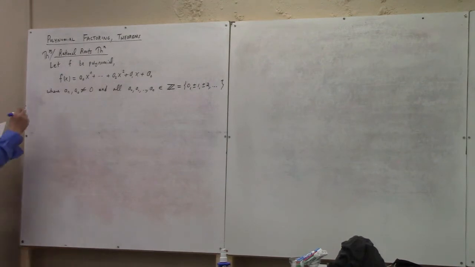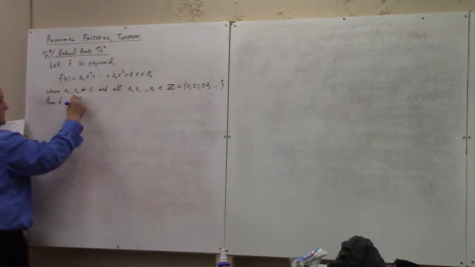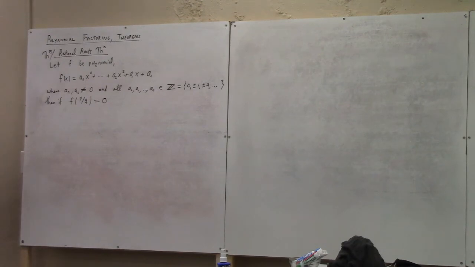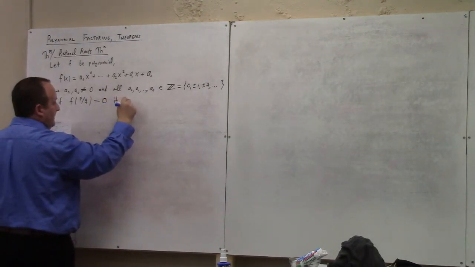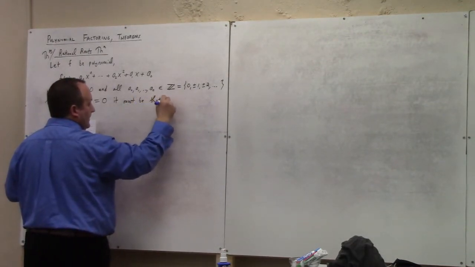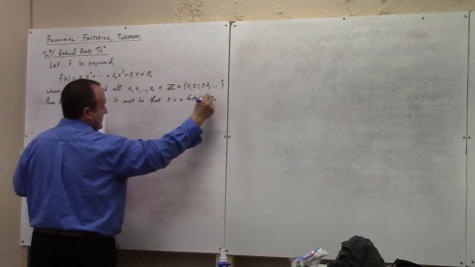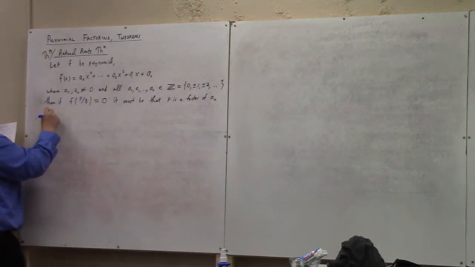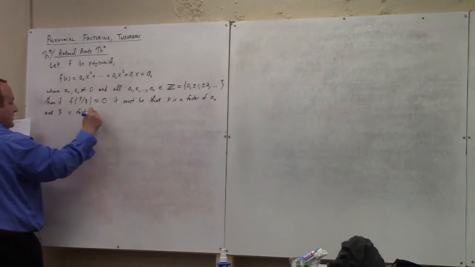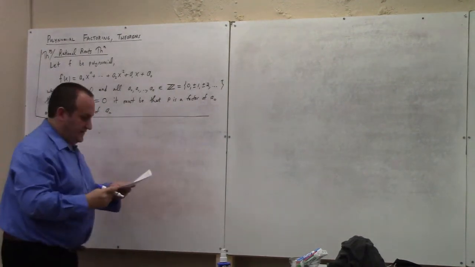Then, if f of p divided by q is equal to 0, all right, it must be that p is a factor of a sub 0 and q is a factor of an. This is the rational roots theorem.